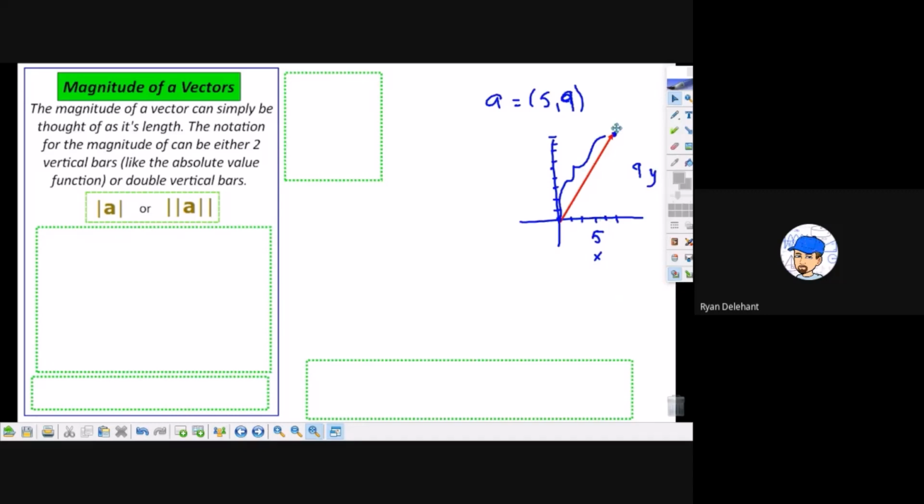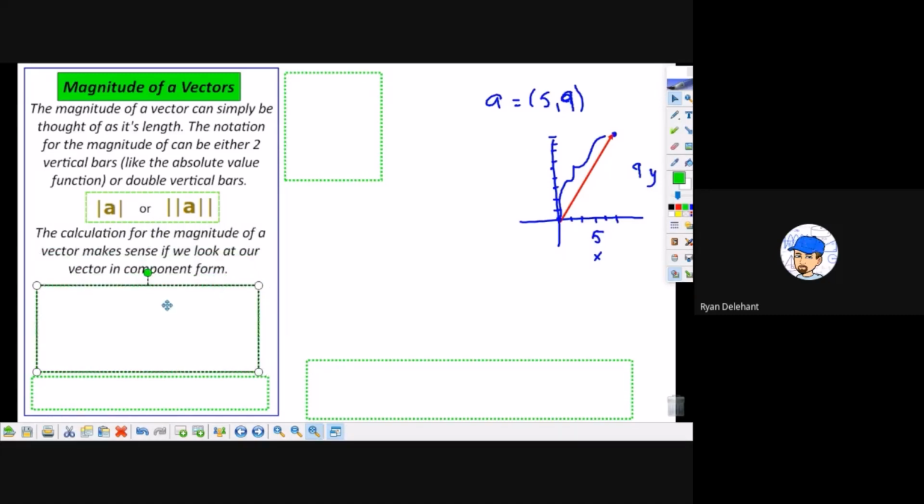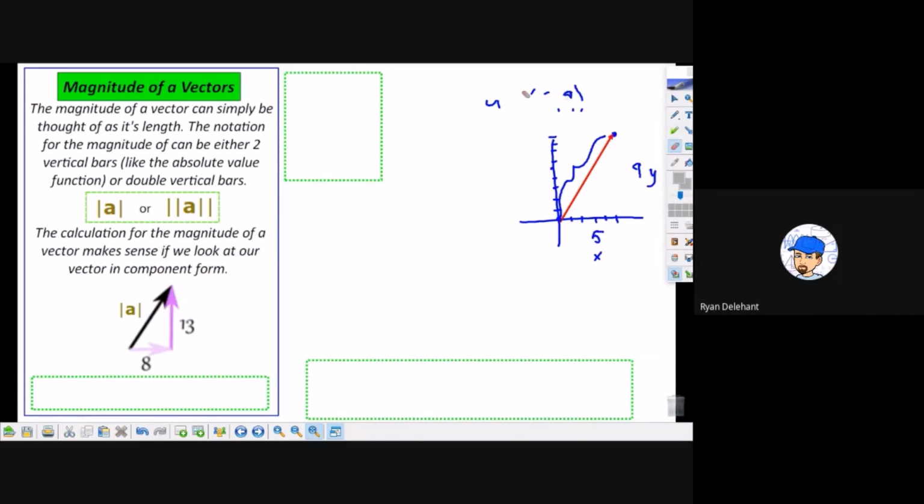So we want to find the length of this line. Any ideas? I'm going to erase this picture because I have it down here. If we look at this in component form, I took this back to the one we played with before, and I want to know the length of the black line in that segment. What shape am I working with here?